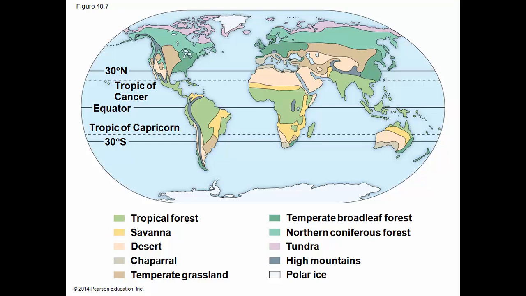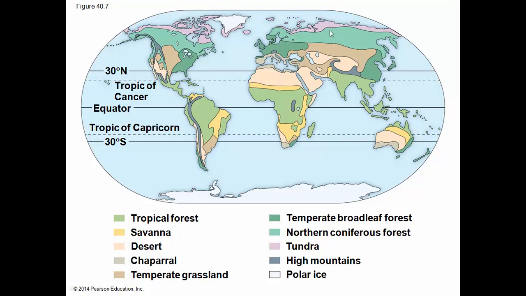Then there's the northern coniferous forest, which is the largest biome in the world. It's also known as the taiga. It's got spruce trees and fir trees, and it stretches across the world. It's typically in a very cold habitat, so there's not a lot of human cities and whatnot that occur in that area. It's characterized by the area around Siberia.